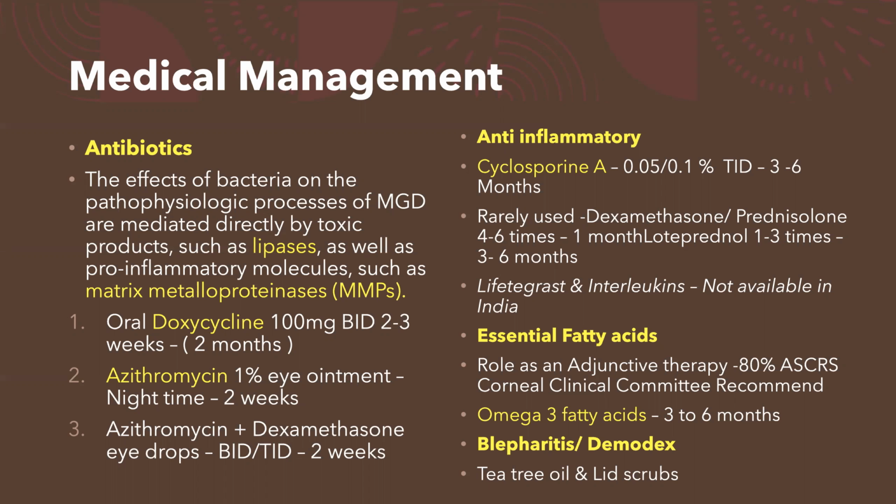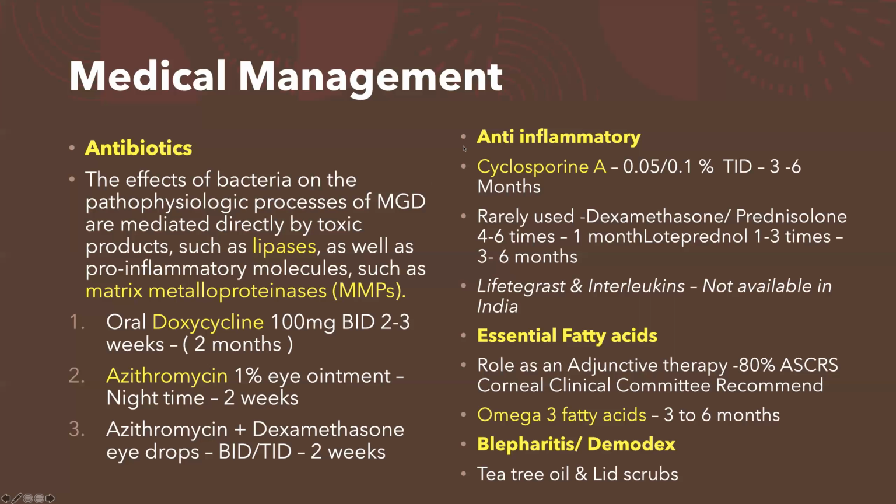For nighttime application, we give azithromycin 1% eye ointment, and we continue it for 2 to 3 weeks. In the morning, we give an azithromycin-dexamethasone combination eye drop, BD or TID, for 2 weeks for the inflammation to get controlled. Later it is maintained only on plain azithromycin eye ointment.